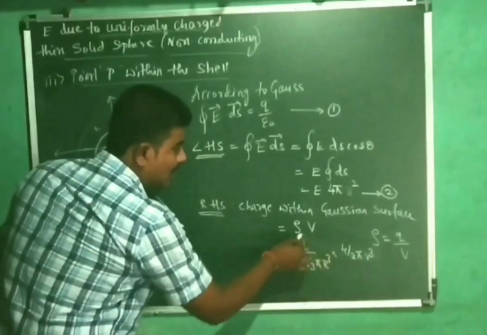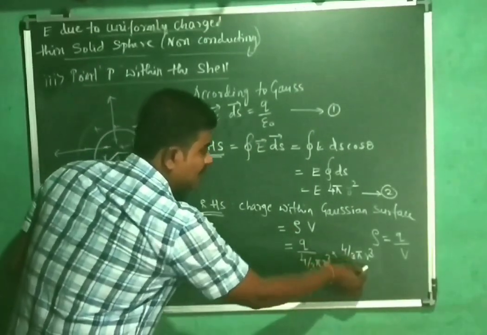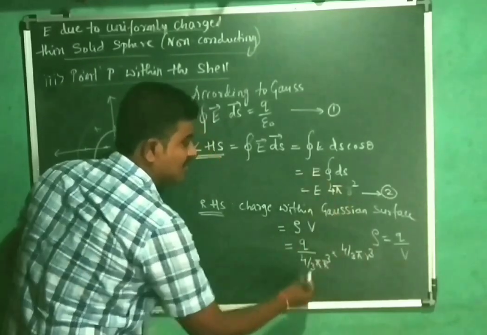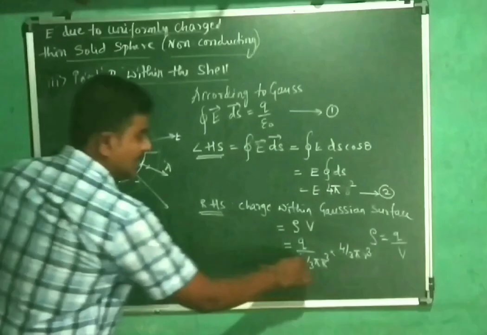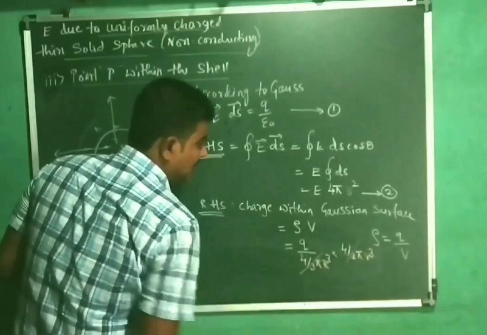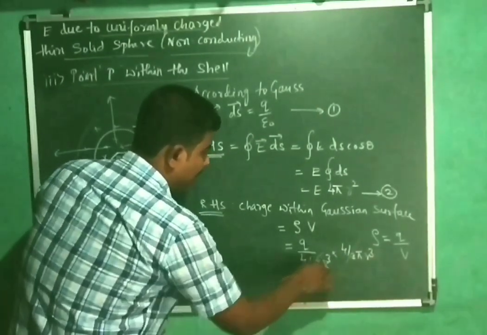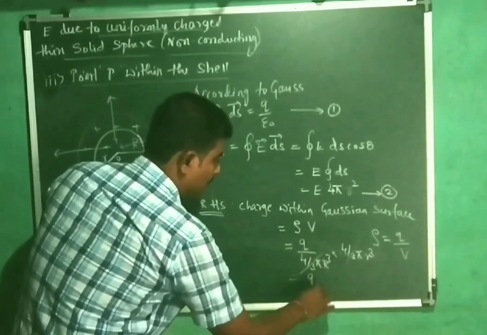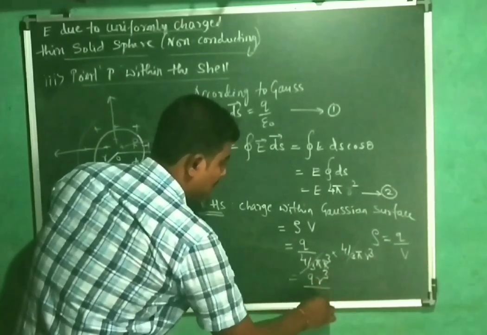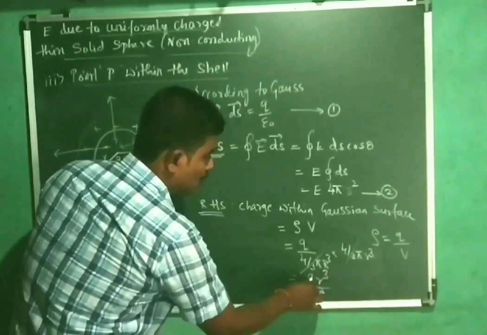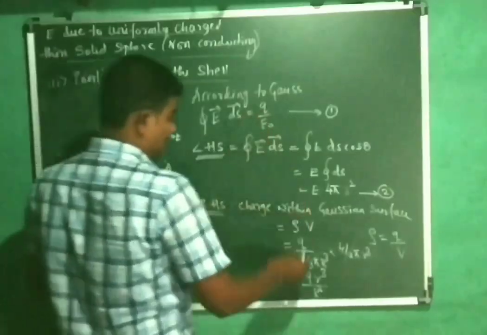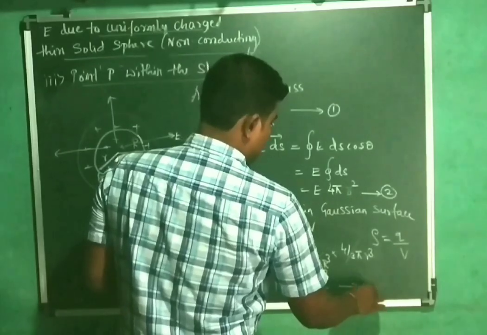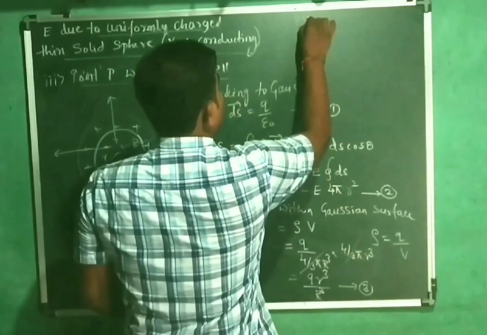So these are the total number of charges, but in the Gaussian surface these many charges are there. This all is the charge within the Gaussian surface. So 4 by 3 pi is cancelled. What is remaining? Q r cube divided by R cube is remaining. Let us call it equation 3.